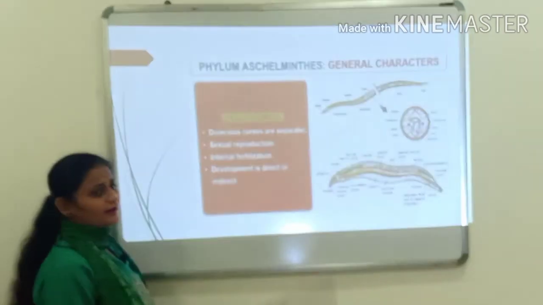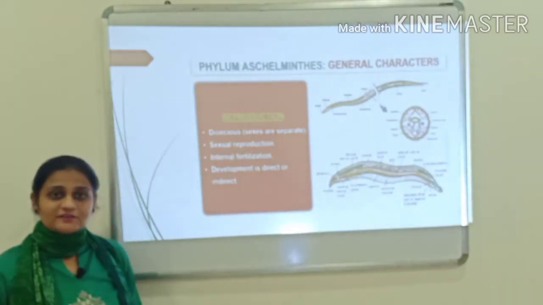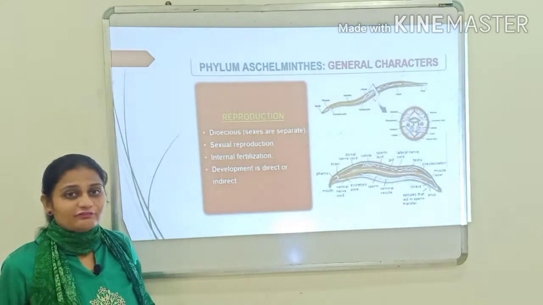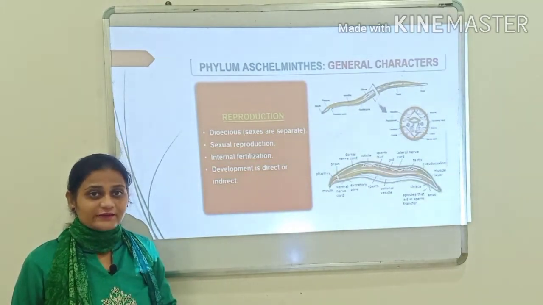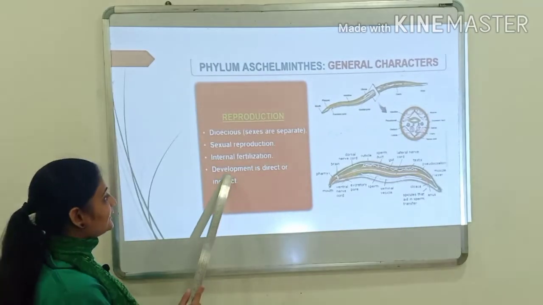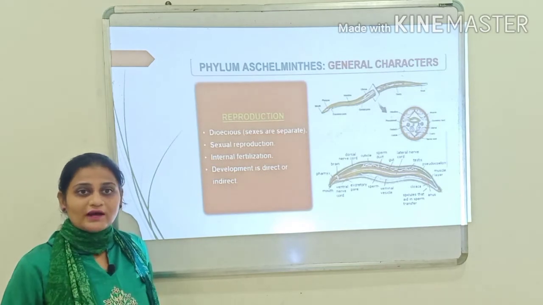Then they have internal fertilization. Fertilization takes place inside the female body. The fusion of male and female gamete is inside the female body. And development is direct. That means there is no larval stage.